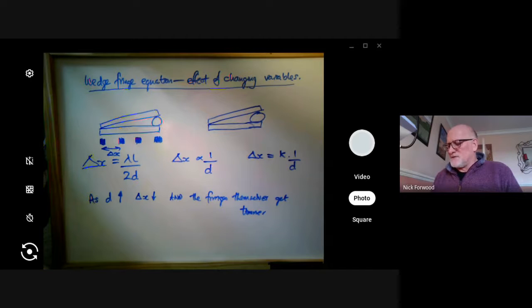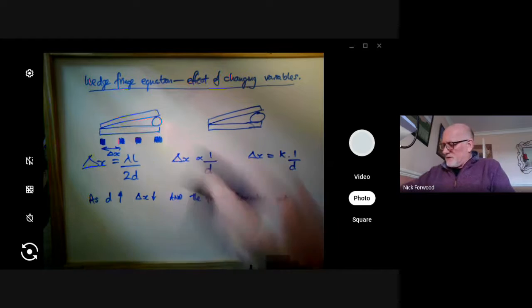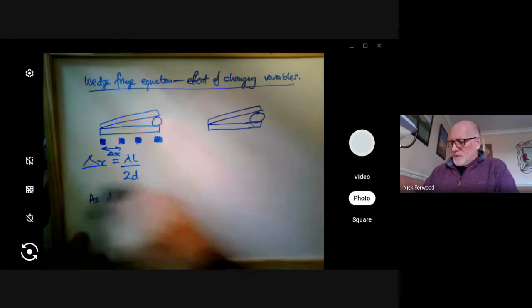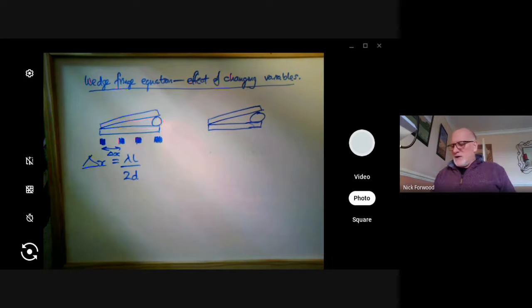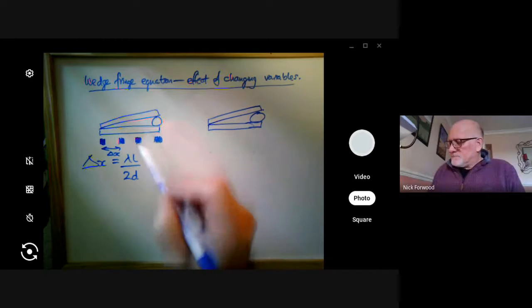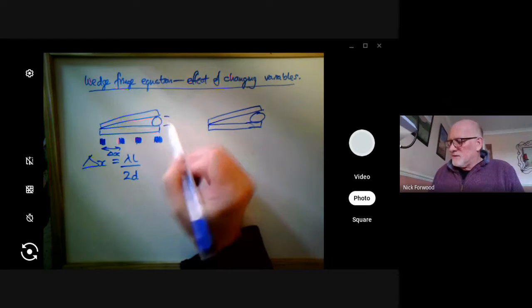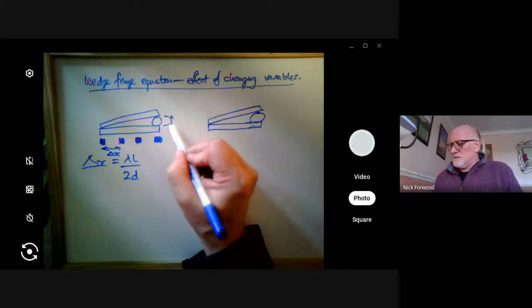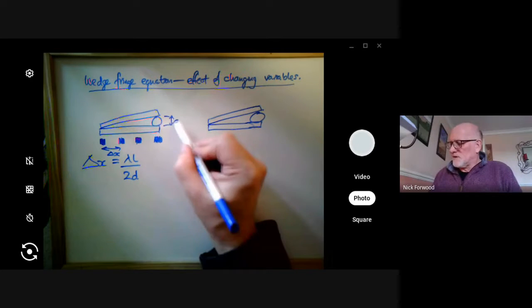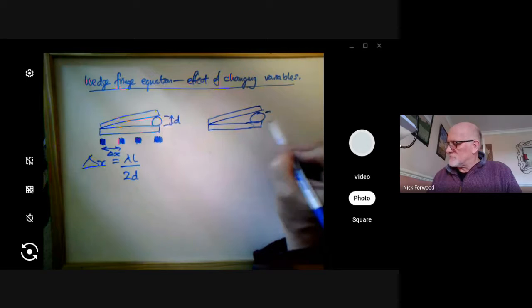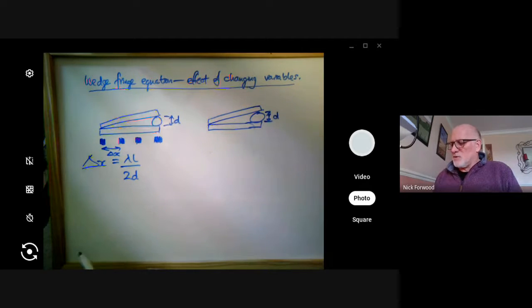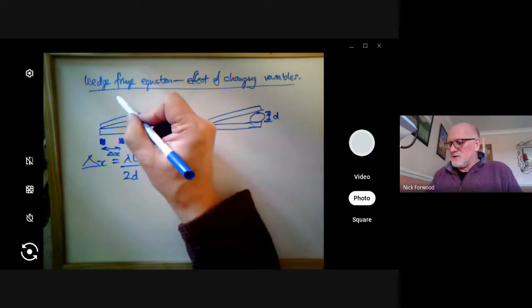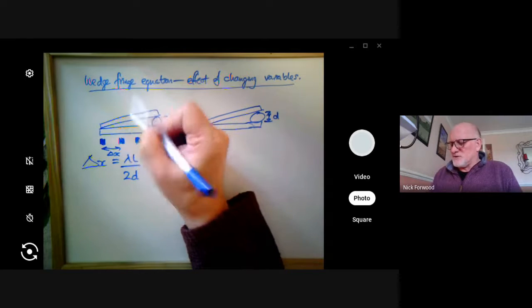So what happens if we change the wavelength of the light? Okay, so D, that height, is staying the same. I'm not changing that height D. D is the same. All I'm doing is shining some light on here and seeing the reflections.